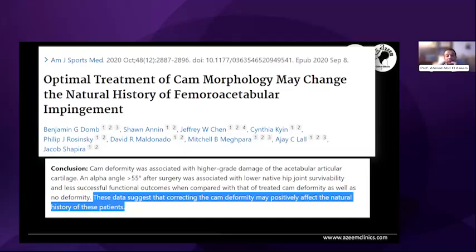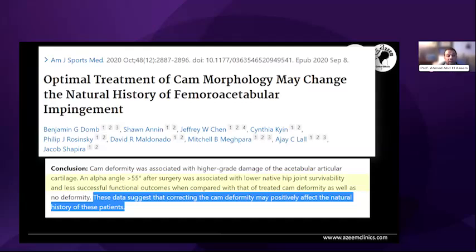Going to the treatment, you have to understand that for the cam deformity, you have to essentially excise all the cam, and this has been associated with a better outcome.